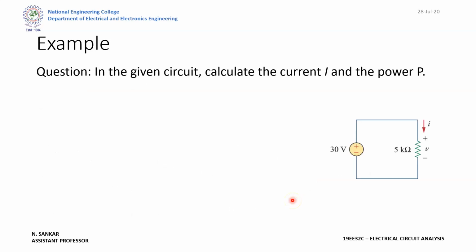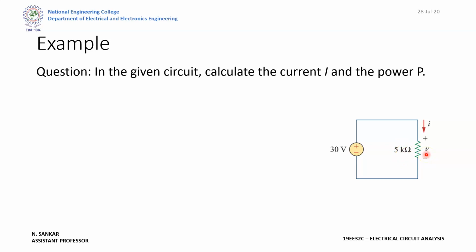Final example. In the given circuit, calculate the current I and power P. Here in the circuit we know the value of the voltage; this is your voltage source, 30 volt. And the resistance value is 5 kilo ohm, where kilo is 10 power 3.